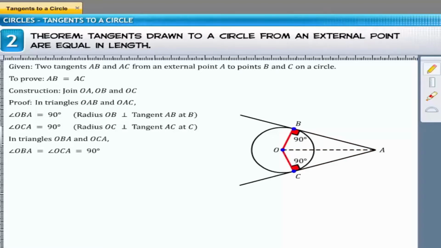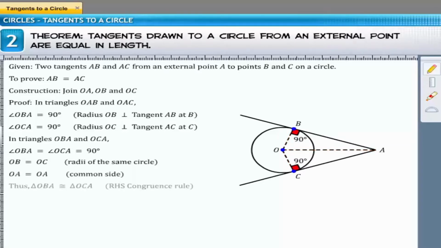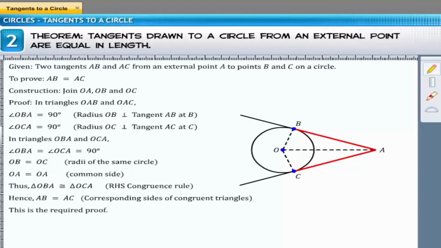OB is equal to OC, since they are the radii of the same circle and OA is a common side. Thus, triangles OBA and OCA are congruent by the RHS congruence rule. Since triangles OBA and OCA are congruent, AB is equal to AC, as corresponding sides of congruent triangles are equal. Hence, the theorem is proved.